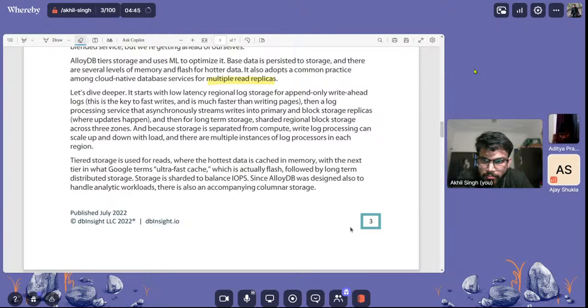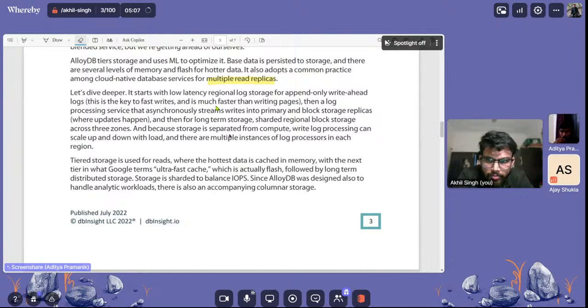It starts with low latency regional log storage for append-only write-ahead logs, then they are using low latency regional records. Then a log processing service that asynchronously streams writes into primary and block.